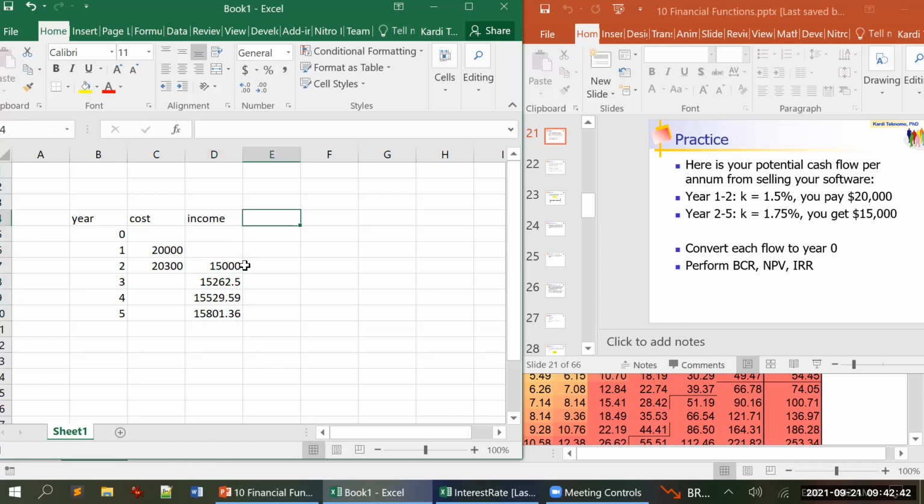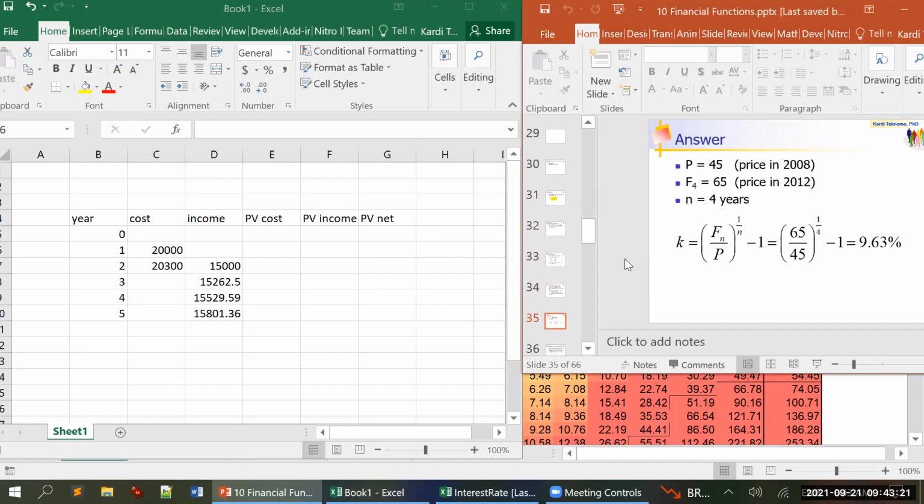Okay. Then you need to get the PV. So this is the cost, the present value of cost. And then you get the present value of income. Then you get the present value net. So how do you get the present value of cost?